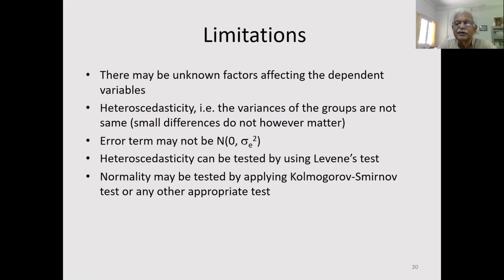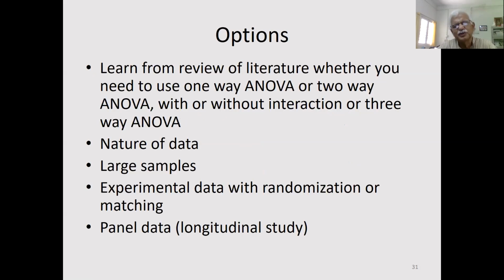Heteroscedasticity can be tested by using Levene's test. There are statistical ways through which we can test heteroscedasticity. And normality of data or normality of error may be tested by applying Kolmogorov-Smirnov test or any other appropriate test. There are so many tests for examining whether the data are normally distributed, whether the error term is normally distributed or not.